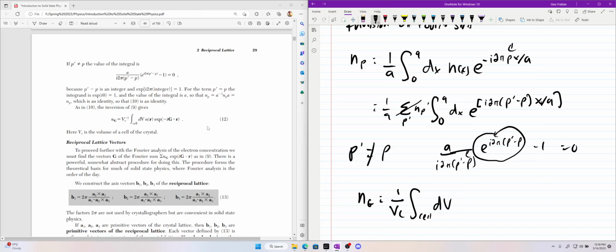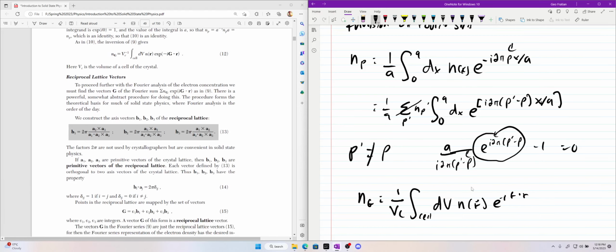So we have a spatial integral now in 3 dimensions, which should make sense because we're doing it in 3 dimensions. N of R e to the negative i G dot R, right? And this basically looks identical to this expression over here. And then we plug in N of R instead of N of X.